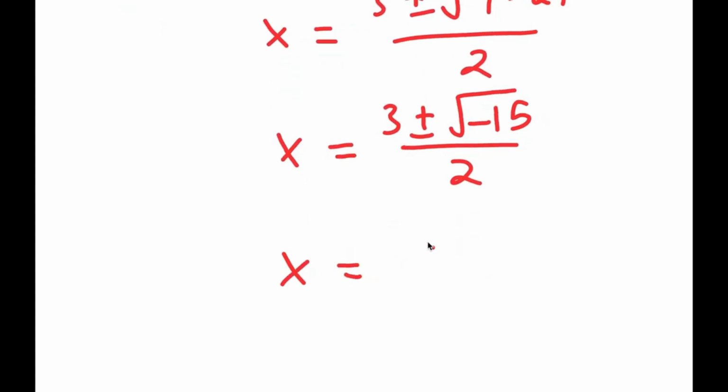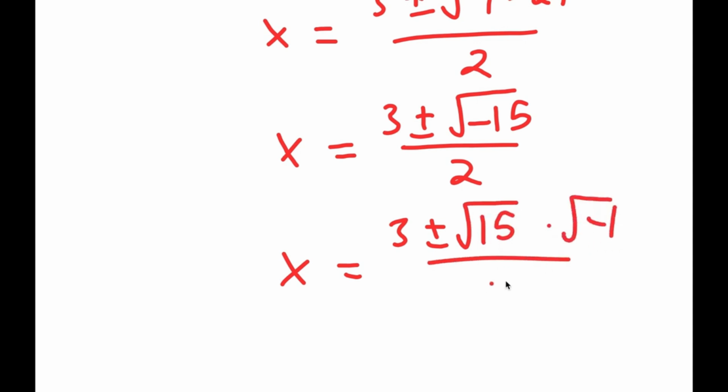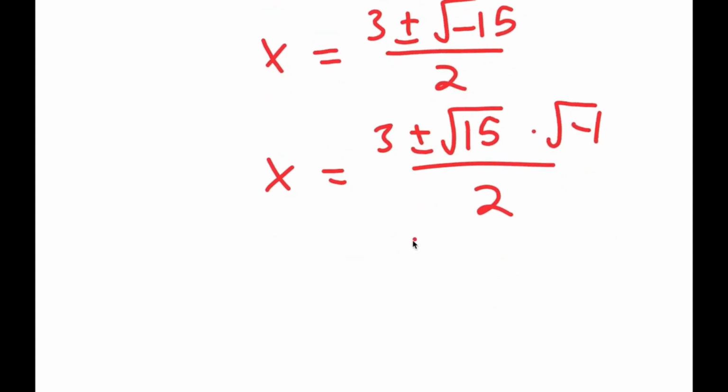And the square root of negative 15 is the same thing as the square root of 15 times the square root of negative 1. And if you already know, the square root of negative 1 is equal to the imaginary number i. So I get x is equal to 3 plus or minus the square root of 15i over 2.